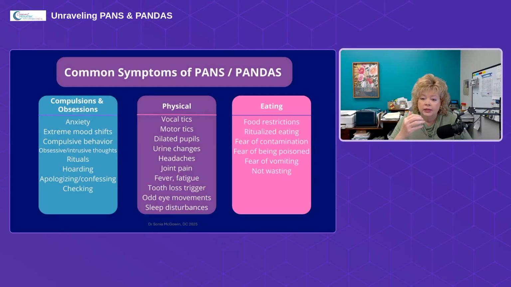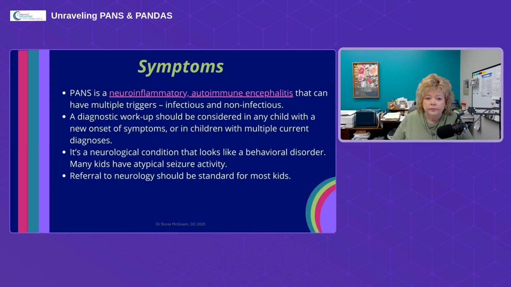So they will only eat at a certain place, or they'll only eat during a certain time, or they'll only eat food that is white, or they'll only eat food that is green, right? And a lot of kids have a great deal of obsessive thoughts around just being careful with their food, not wasting anything, not throwing anything away. And so that can sometimes cause some issues around food restrictions.